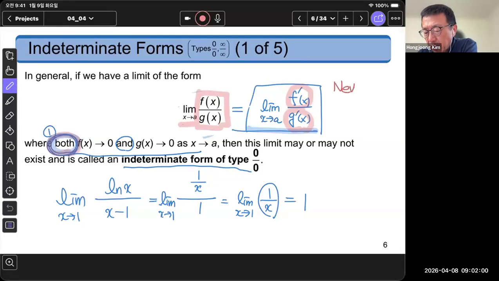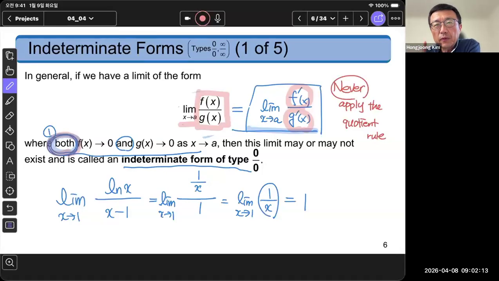Please do not apply the quotient rule. You need to differentiate the numerator and denominator separately.